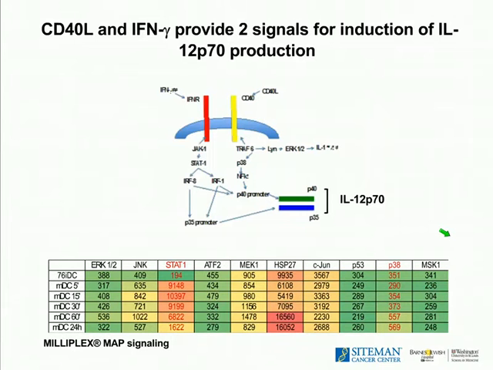Interferon gamma does it through the interferon gamma receptor through the JAK1 STAT pathway, and it's very important in induction of P35. CD40 ligand does it through CD40, a TNF family member, and it does it inside the cell through the TRAF6 P38 MAP kinase.